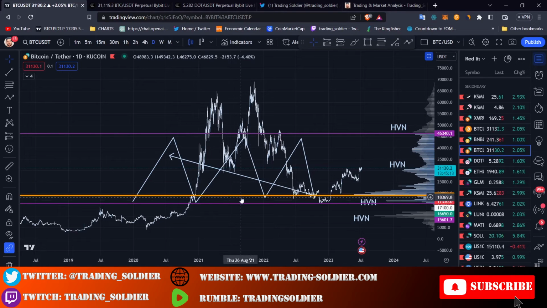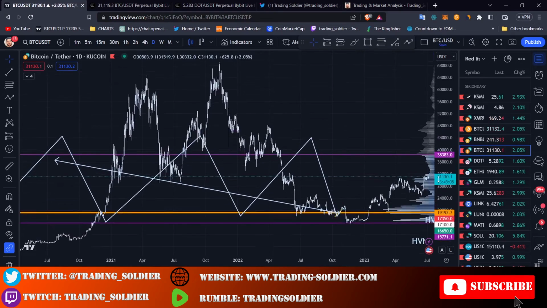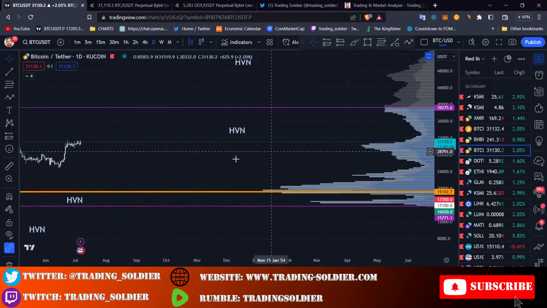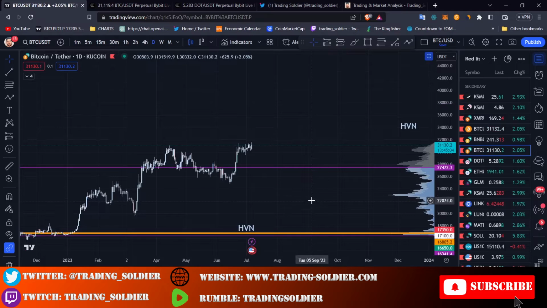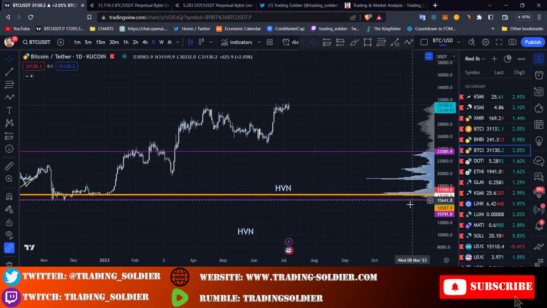The good thing about this indicator is that when you adjust your screen to lower time frames or just to one part of the chart, these volume nodes change, okay?